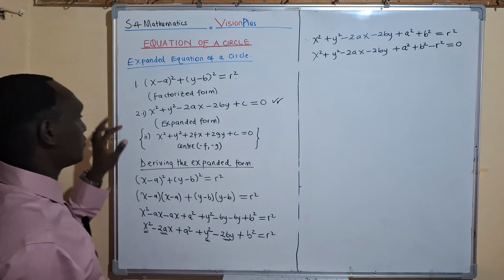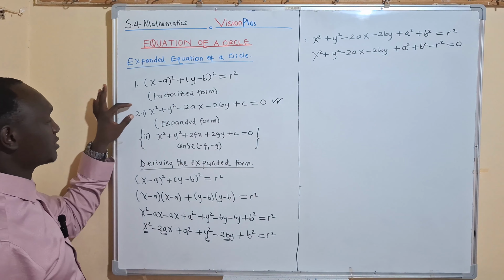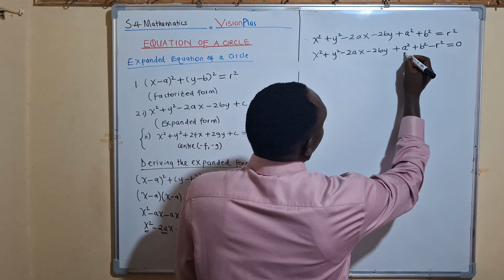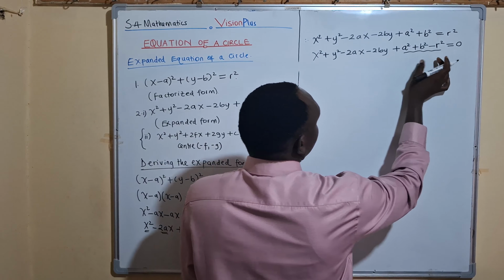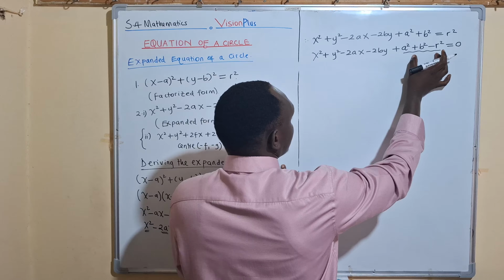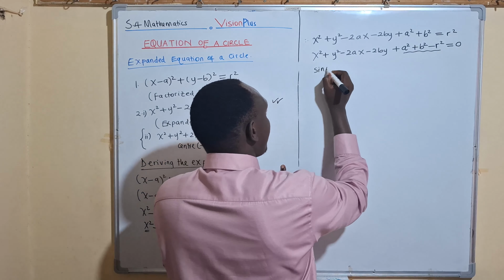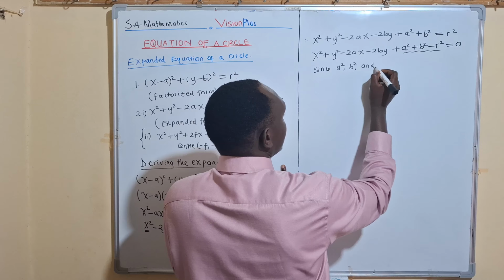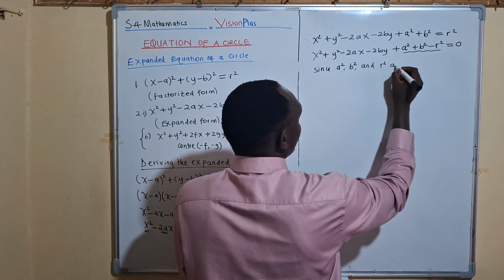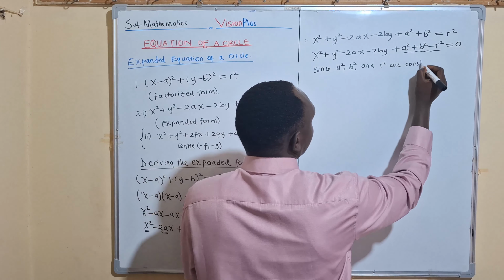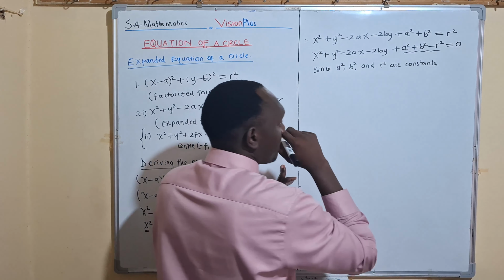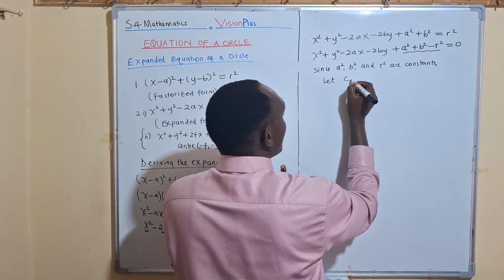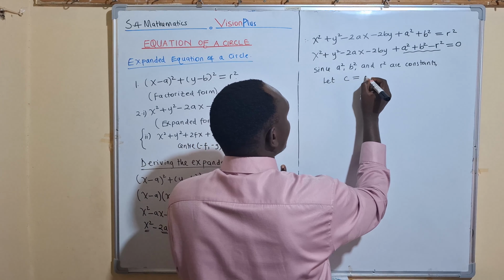Slowly you can see that we are arriving at the expanded form. I've said that a is a constant, b is a constant, and r is a constant. So these three terms are constant. Since a², b² and r² are constant, we let one term c summarize all the constants together.